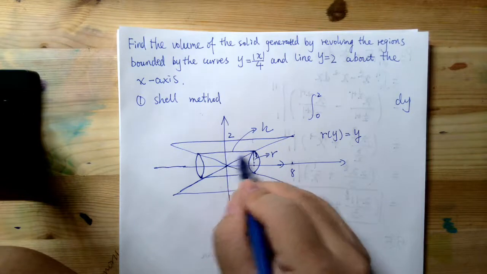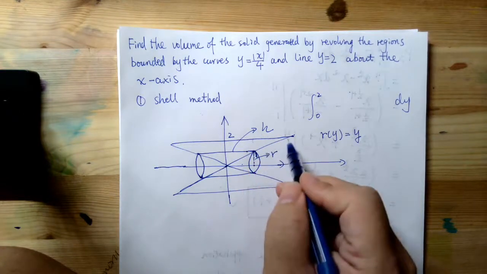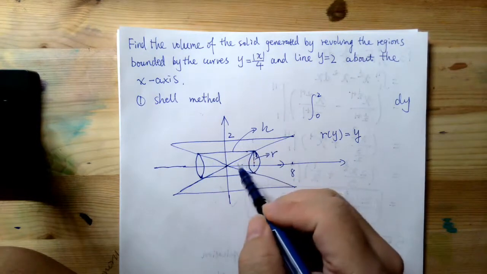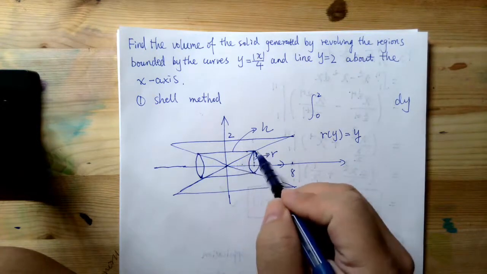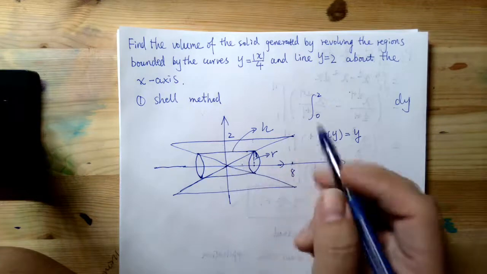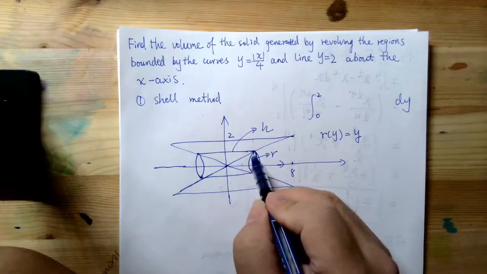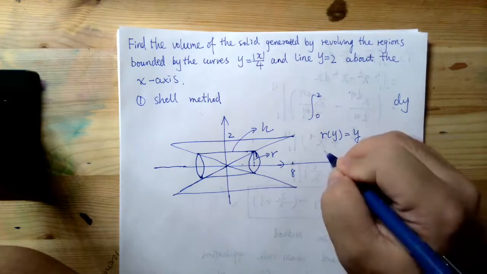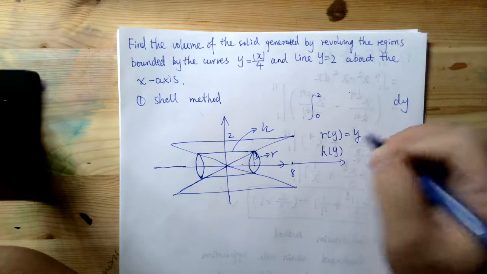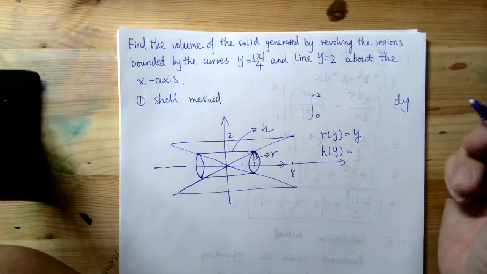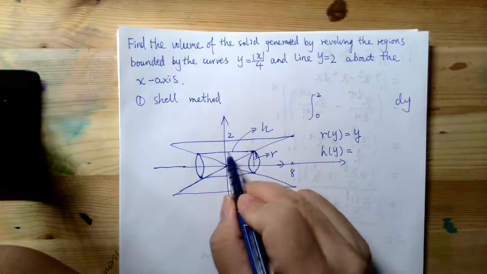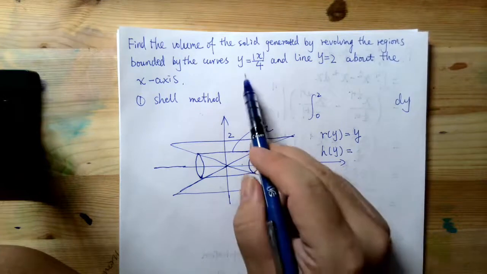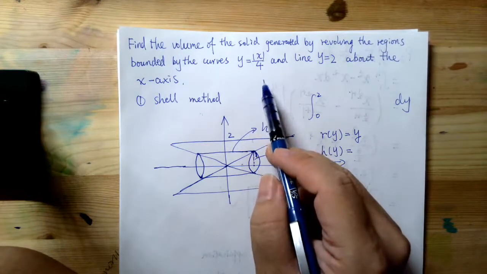And then we want to figure out the height, which is the length of this, actually double, right? Double this part, it gives us the height, because this y equals absolute value of x over 4 is symmetric with respect to y. So if I know the length for this, 2 times it, done. So the height of that shell in terms of y, this part, is exactly x, and it lies on y equals absolute value of x over 4.